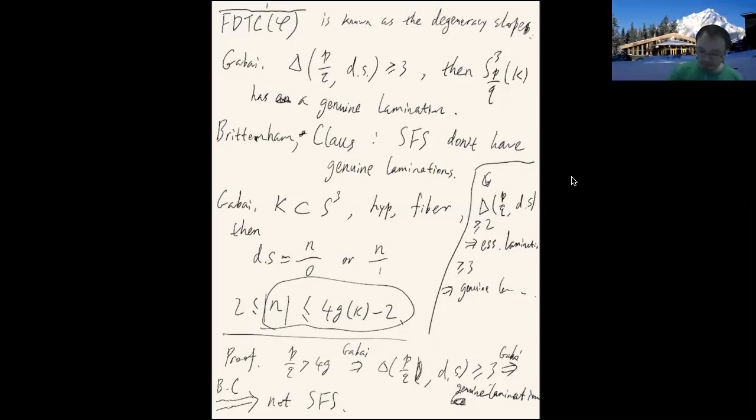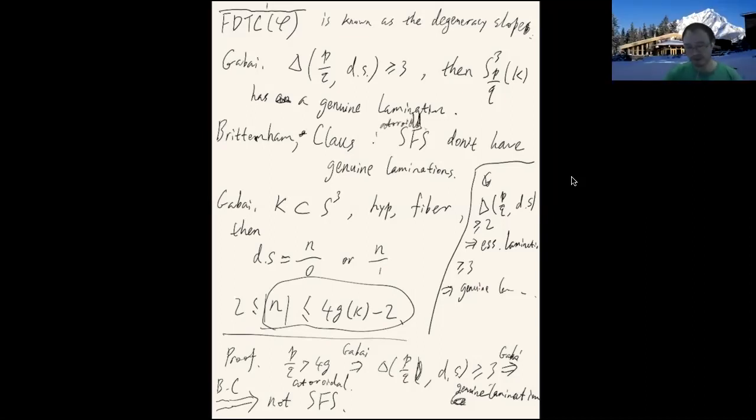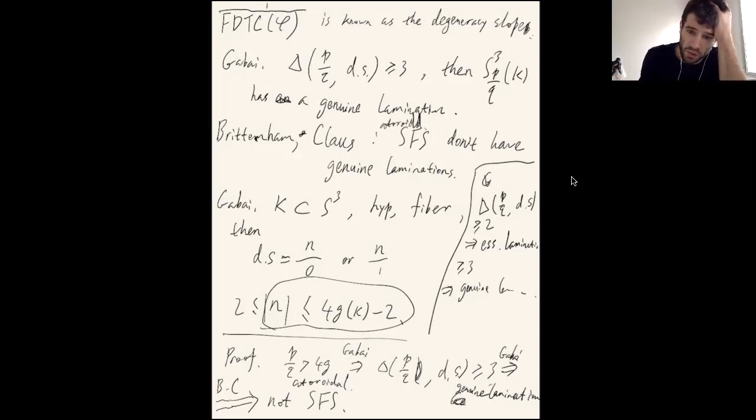I forgot to say, this implies that this is not an atoroidal Seifert fibered space. Atoroidal Seifert fibered spaces do not have genuine laminations, so these results are only for atoroidal Seifert fibered spaces. Okay, so you still can't obstruct more fibers.